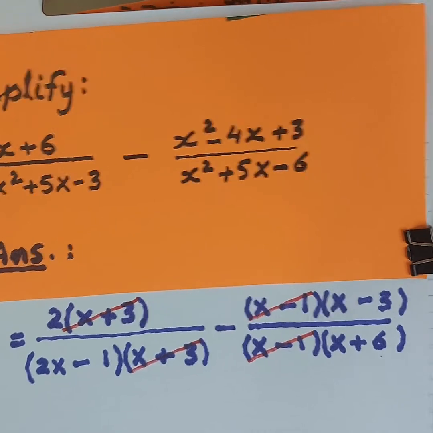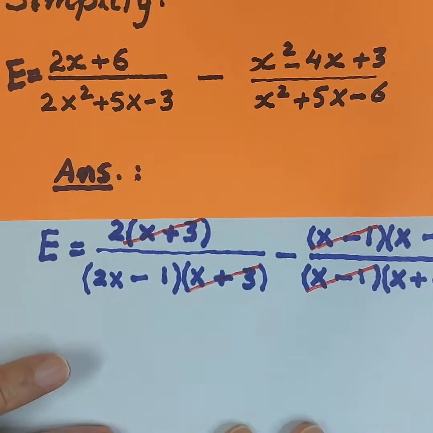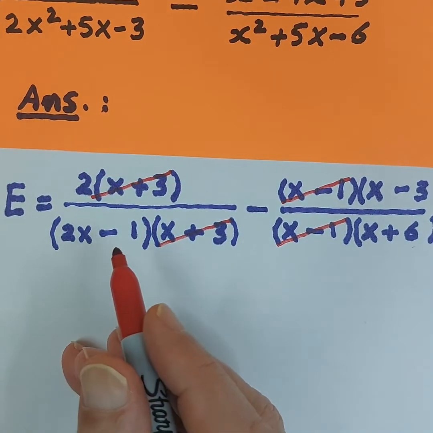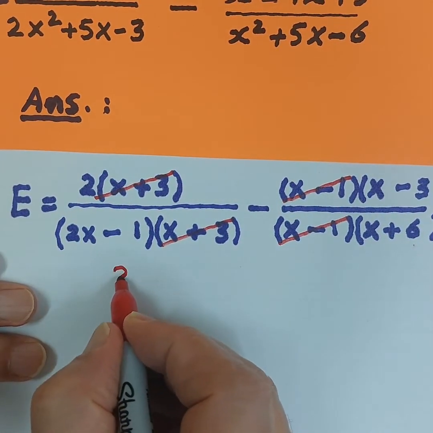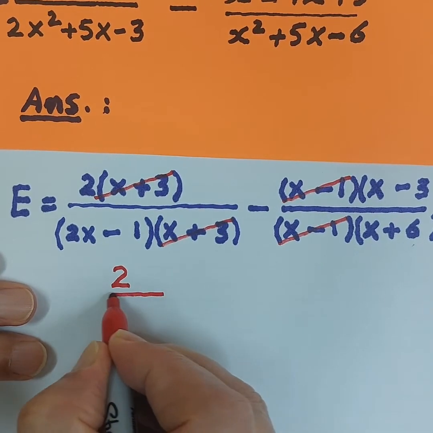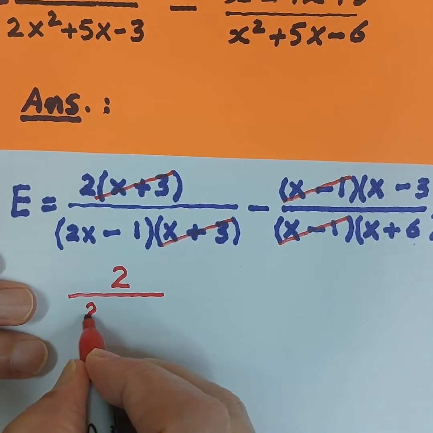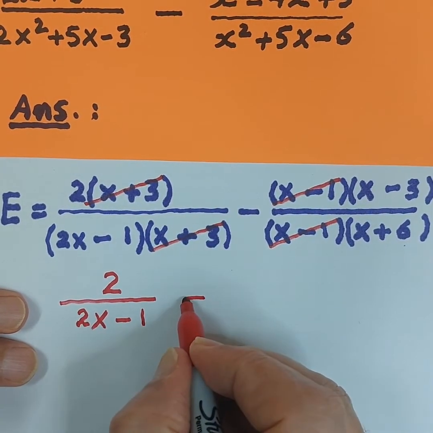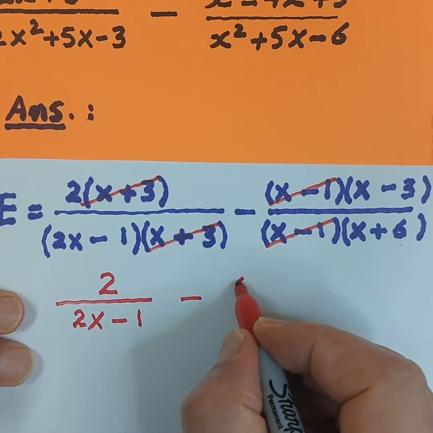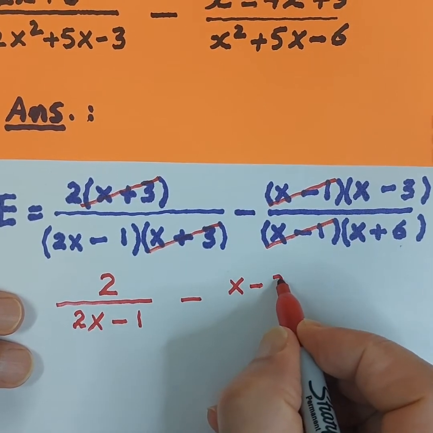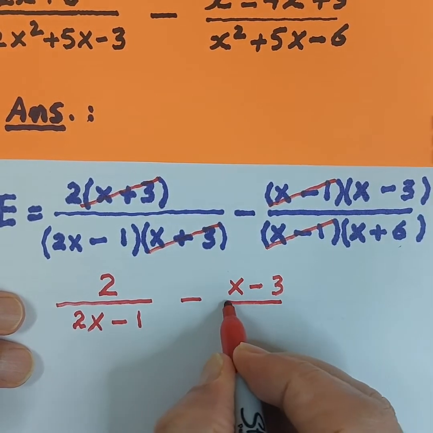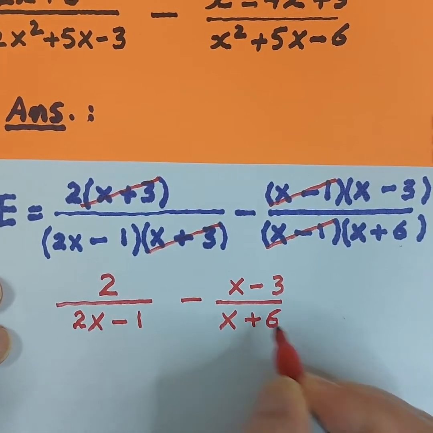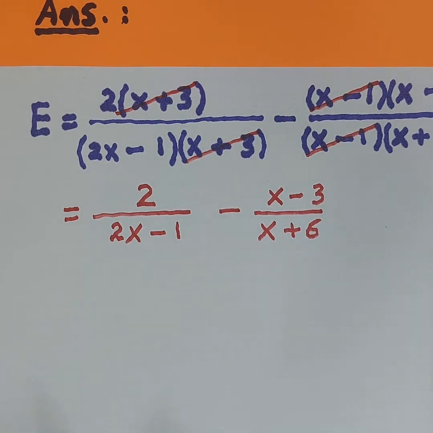The result after that: just 2 in the numerator of the first quantity, and the denominator is 2x minus 1. Second quantity, just x minus 3 in the numerator and x plus 6 in the denominator. We will make the subtraction.